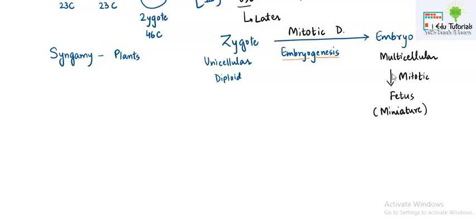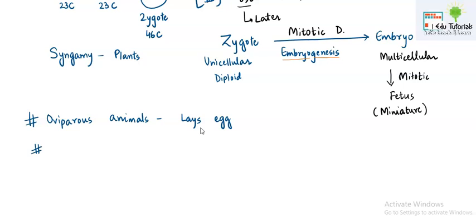Now, based upon whether an organism lays eggs or gives birth to the baby, an individual can be oviparous. Oviparous animals are the ones which lay eggs. You might have seen a hen that lays eggs. Once fertilization is done, the egg will be laid by the female animal, that is the hen. The hen gives the proper conditions so that the egg can hatch the chick, right?